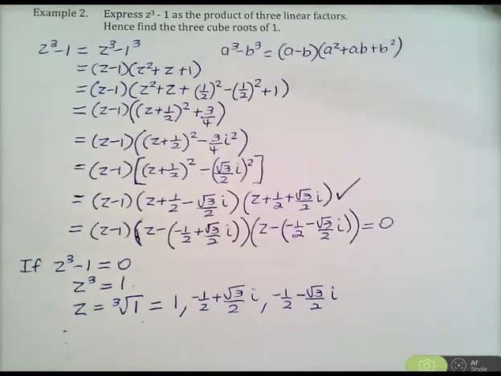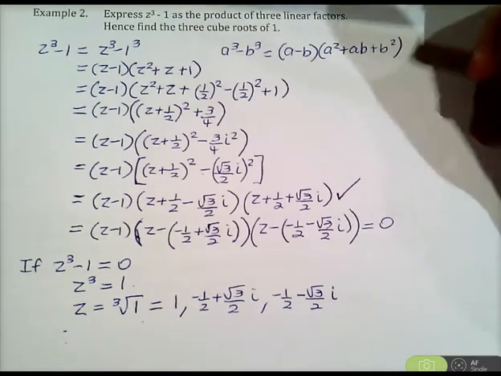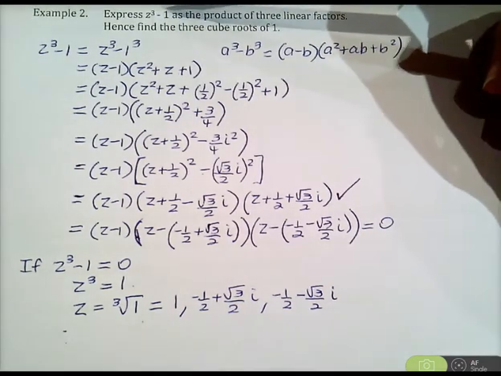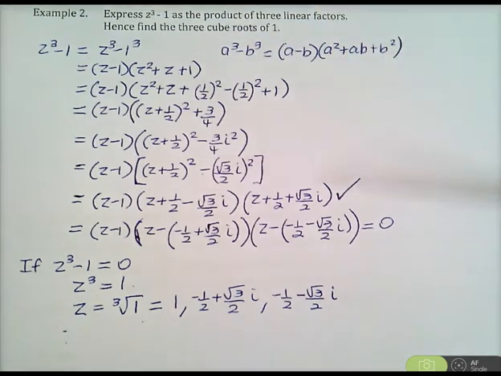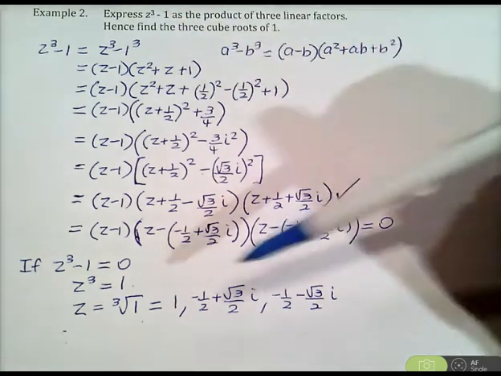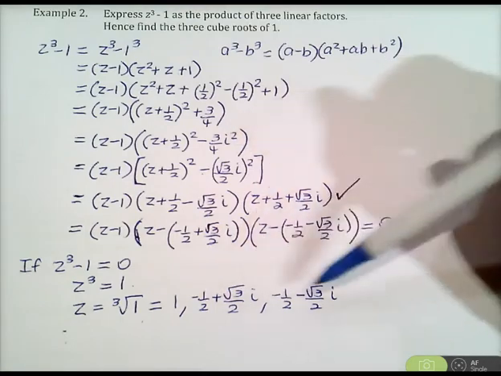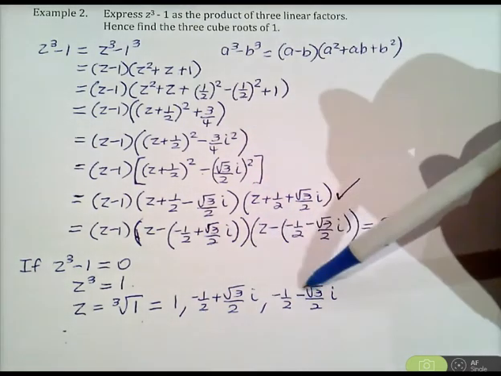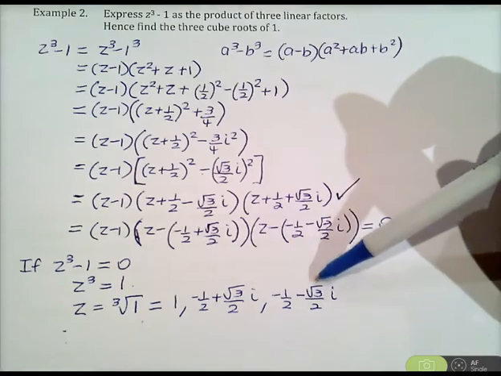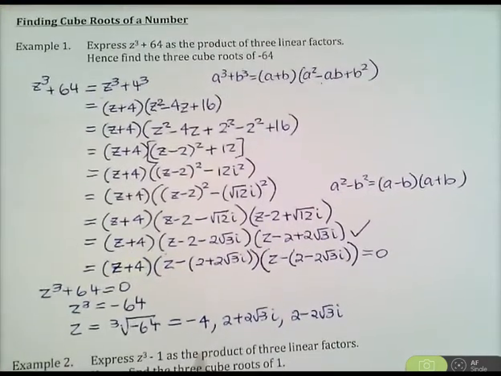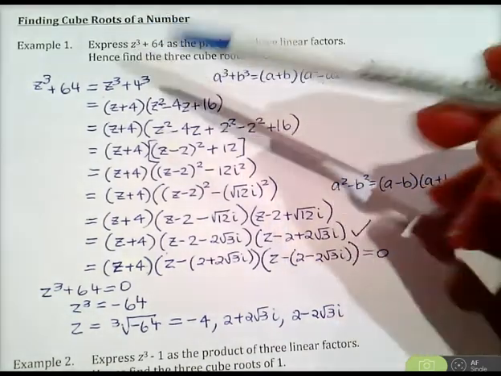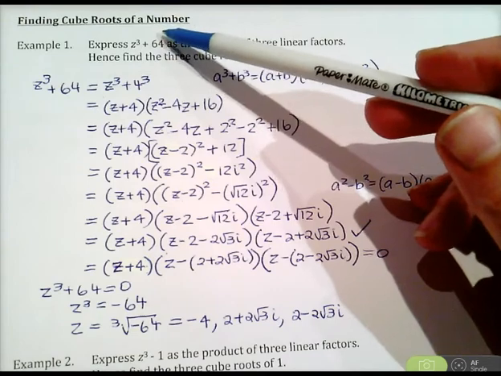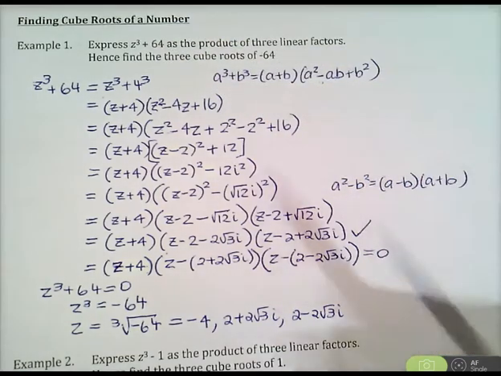Another thing I want to say, and I'm going to go up to the other question as well. z cubed minus 1 is a cubic, and it has real coefficients. Because the coefficients of this are real, notice that two of the roots are complex conjugates of each other. Also, up in this example here, z cubed plus 64, this is 1z cubed plus 0z squared plus 0z plus 64.